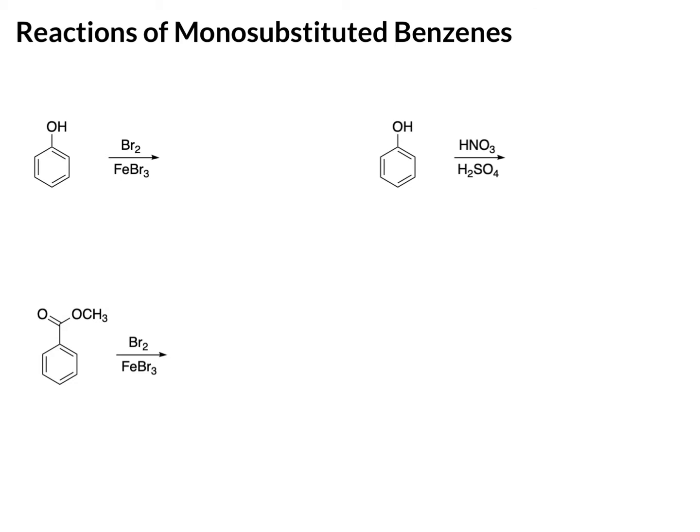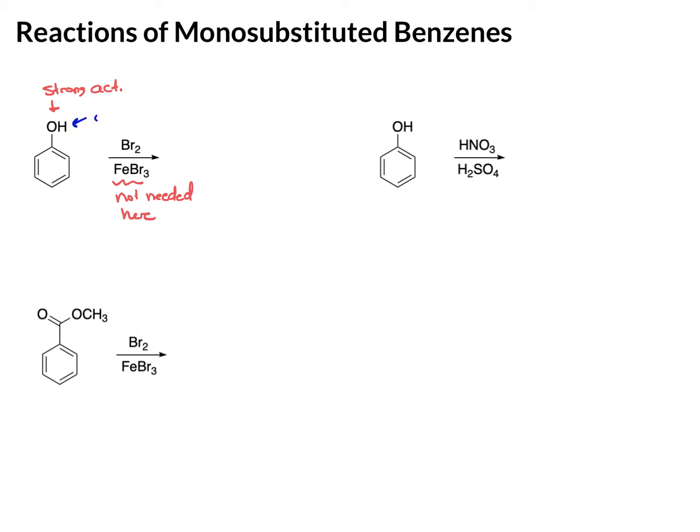This is one that you've seen before, and we do a bromination. The catalyst is added, although with phenol, because OH is a strong activating group, we don't have to have that catalyst. But it's fine to have it.